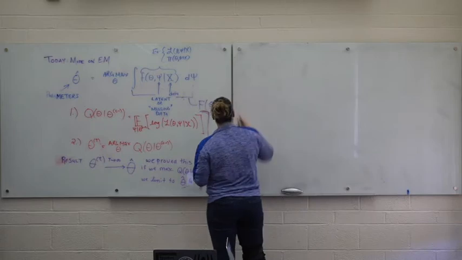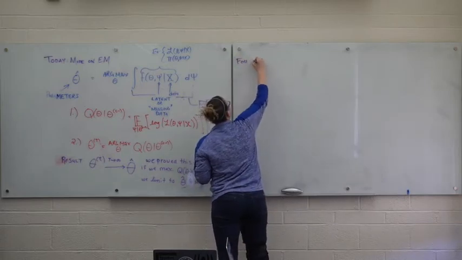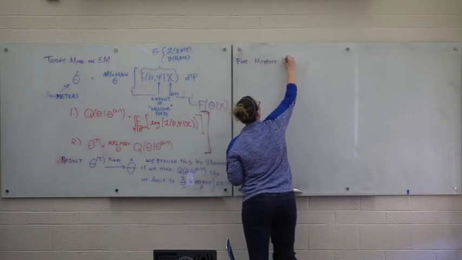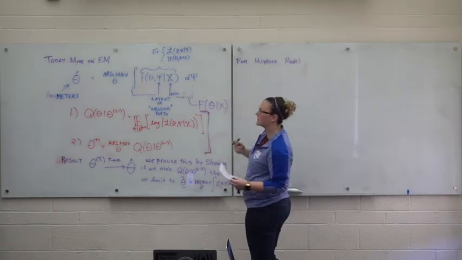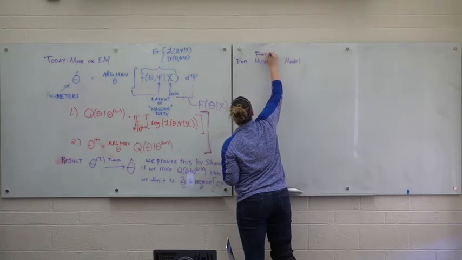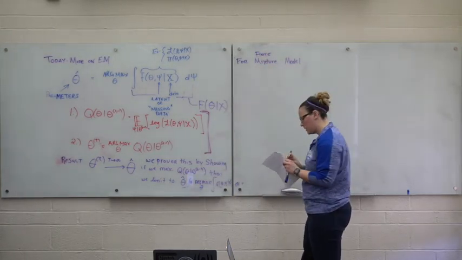So let's remember what our model looks like. For mixture model. Note, sometimes these can also be called finite. If you are trying to look stuff up, that's another way that you can maybe help yourself.